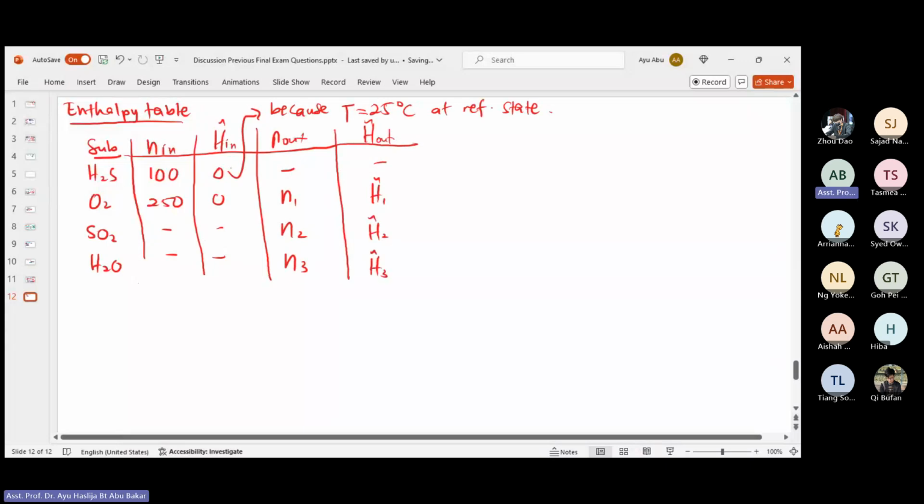Now, try to find out what N1, N2, and N3 are from the equation given. I copy back the equation over here.